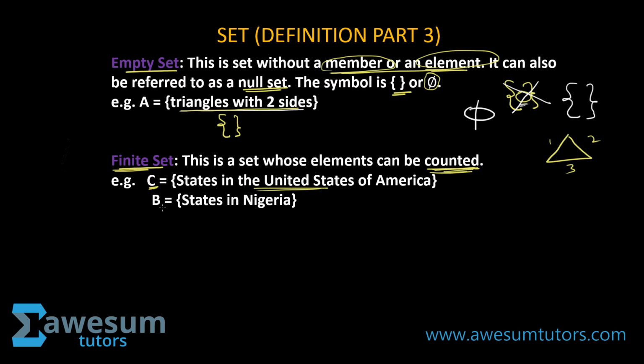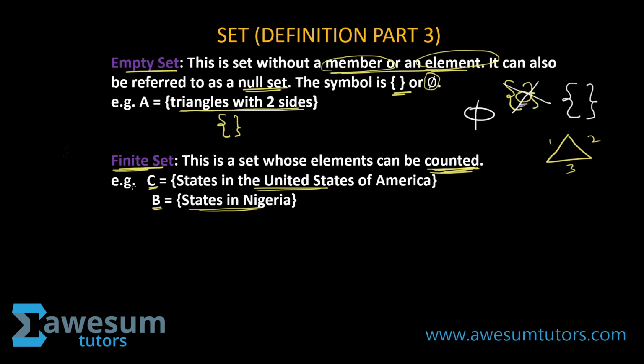What about if you say a set B is a set of states in Nigeria? Nigeria has 36 states, right? So if you list the states in Nigeria, those will make up the set B. That can be counted, which makes it a finite set.